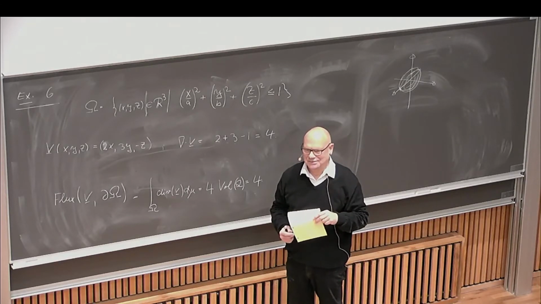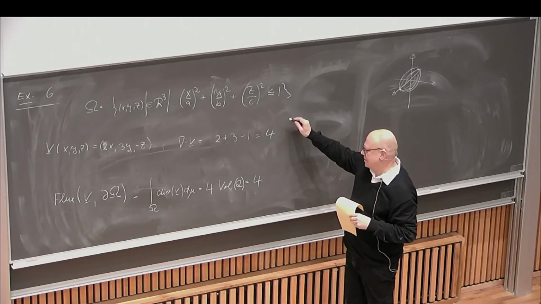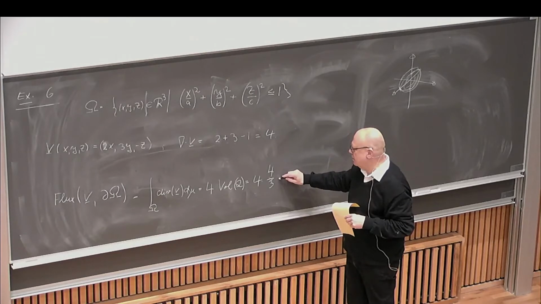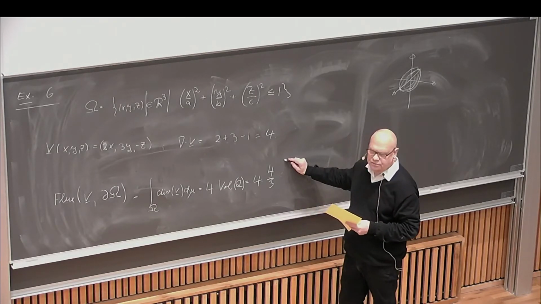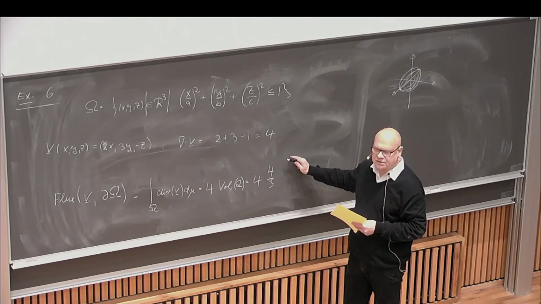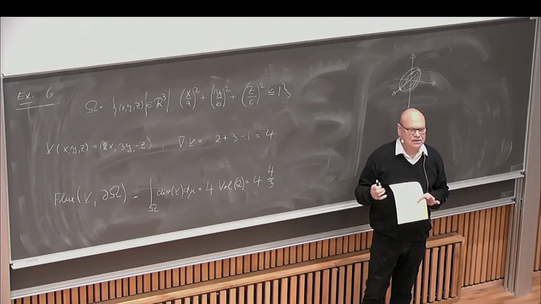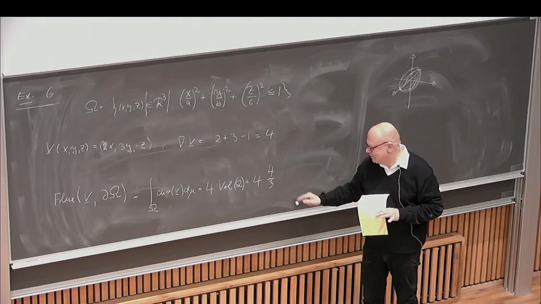No, the volume of a sphere is 4/3 pi R cubed. This is the volume of a sphere. But now these different radii are not equal. So this is just a way to remember it.